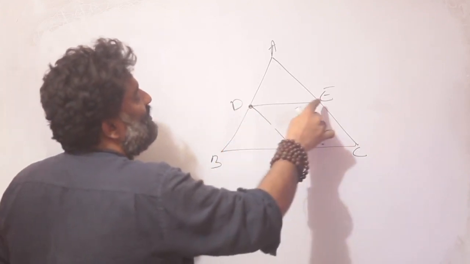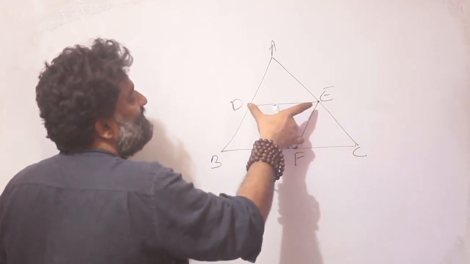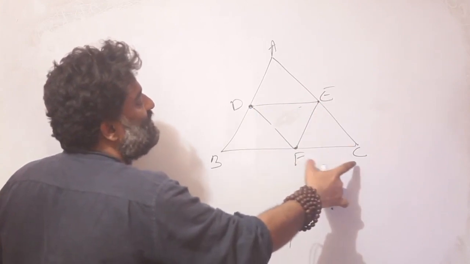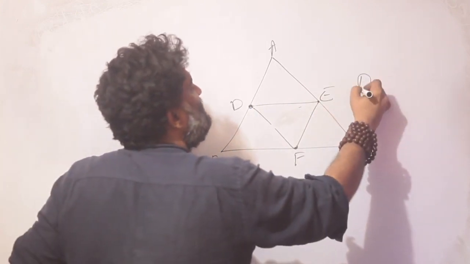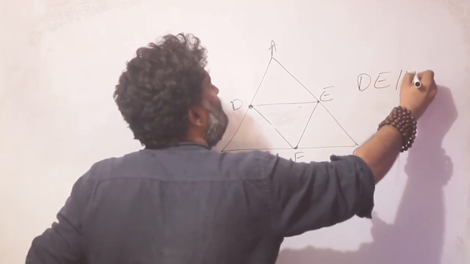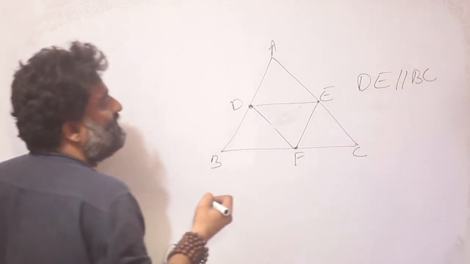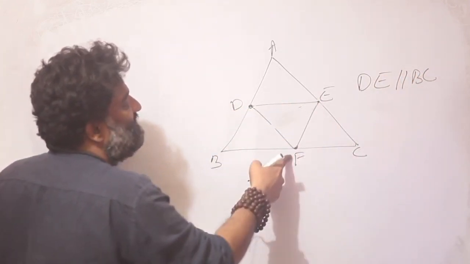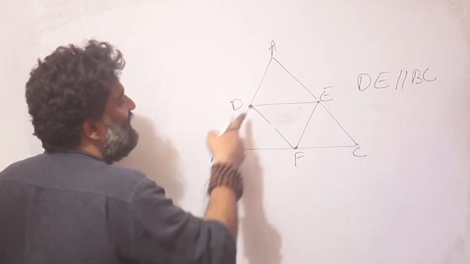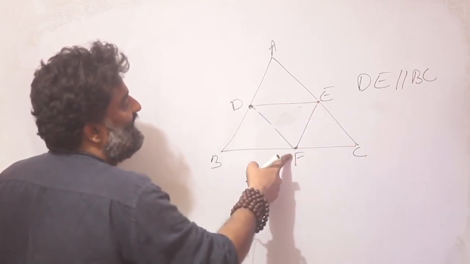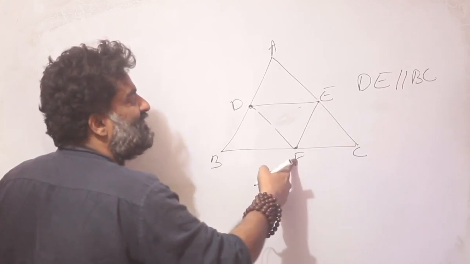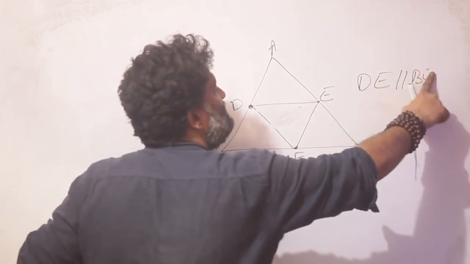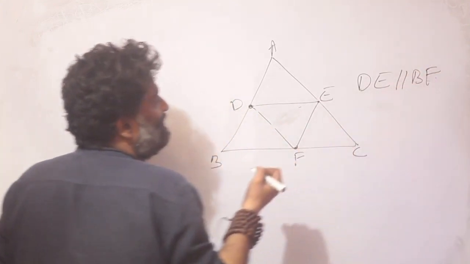So this is a midpoint, this is a midpoint. If I join them, this line DE is going to be parallel to BC. DE is parallel to BC. Now think for a minute, BDEF as a quadrilateral. DE is parallel to BF as well, because instead of C, if you write BF, it doesn't make too much of a difference.